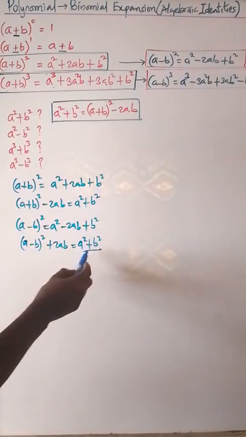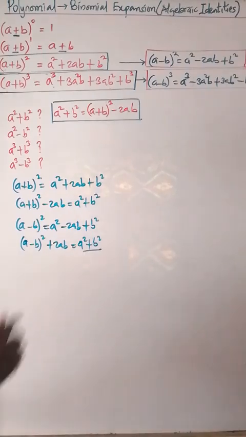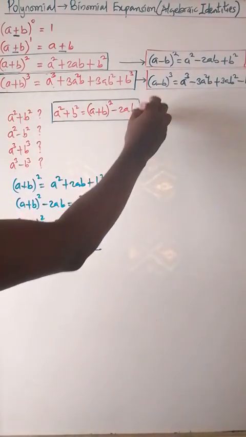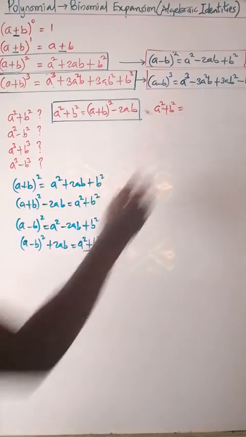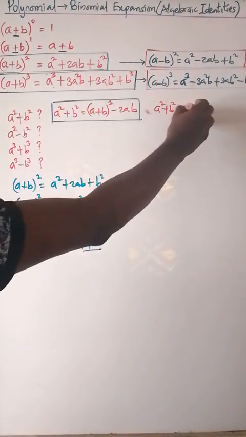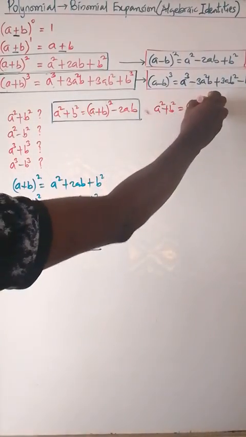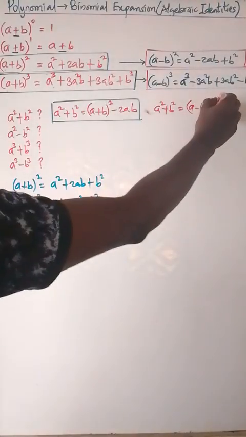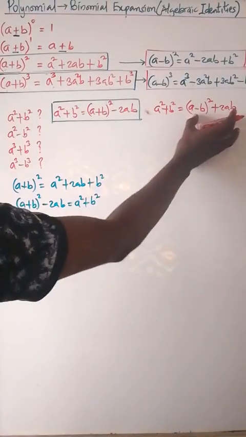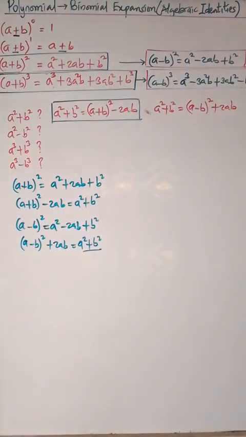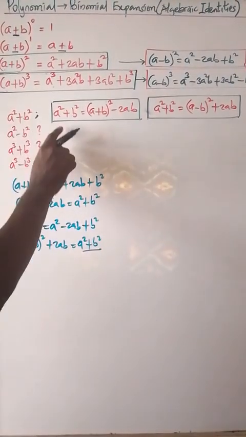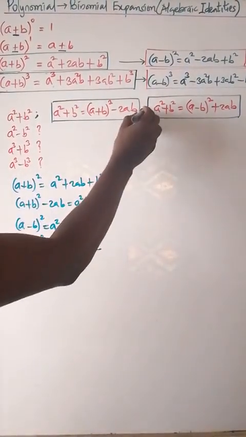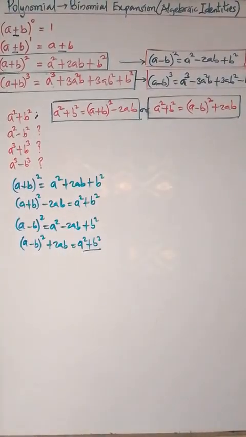So again, we've got another a squared plus b squared, which means a squared plus b squared can also be written as (a - b) all squared plus 2ab. So this and this are the same, and they have different uses. So we've answered this question. For this case, we use this identity, or we use that other one.